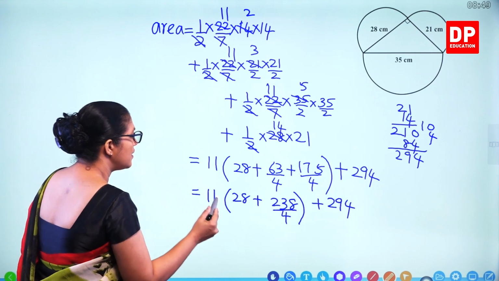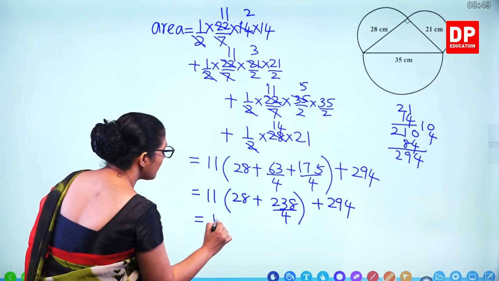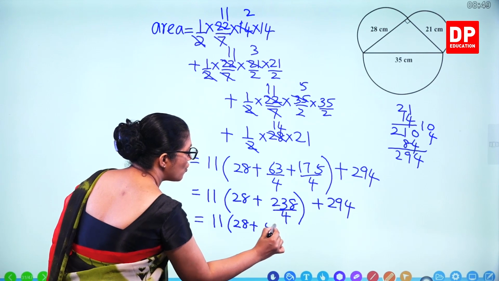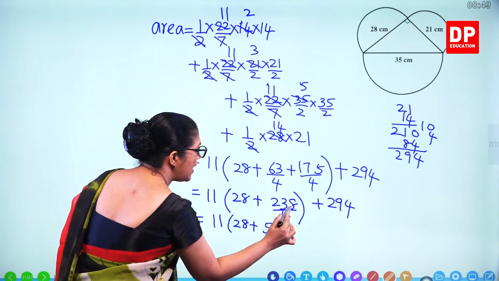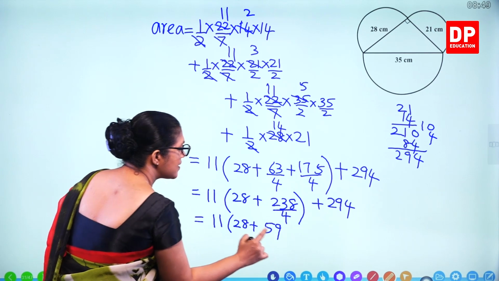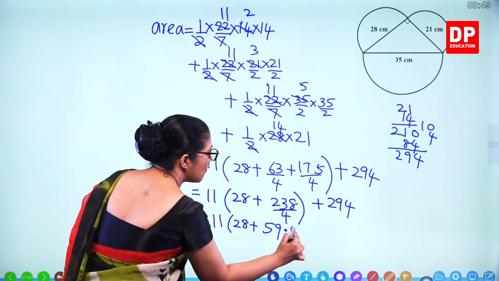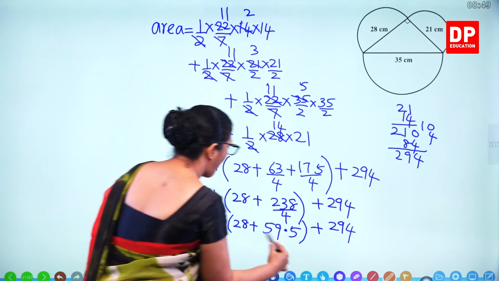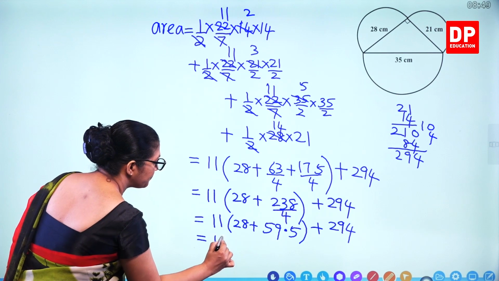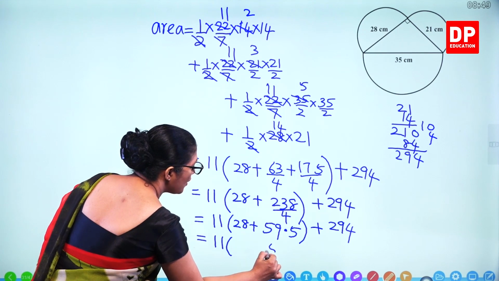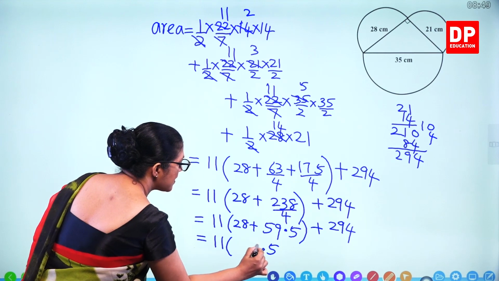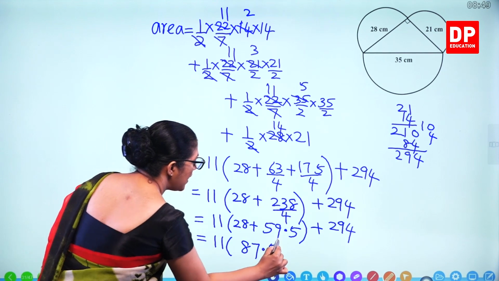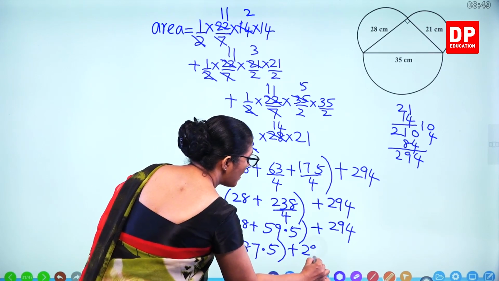It doesn't matter, we'll write down 28 plus, what's the value? 4 times 5, 20, 4 times 9, 36, plus 2, that's 5, plus 294. These two addition, 0.5 is there, 9 and 8, 17, 1 remaining, 3 and 5, 8, plus 294.